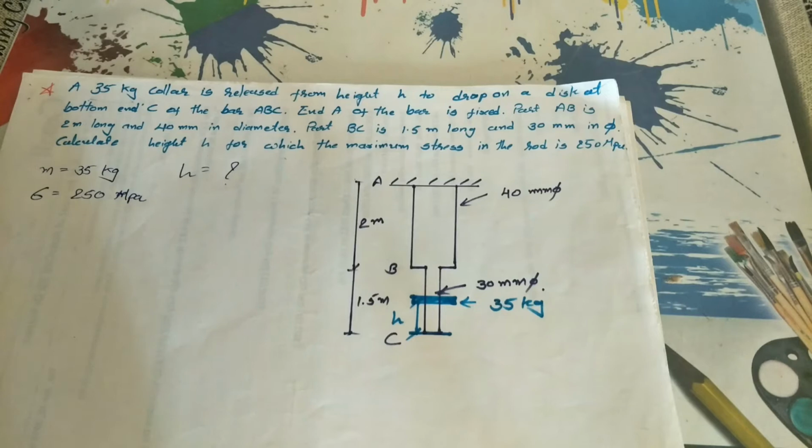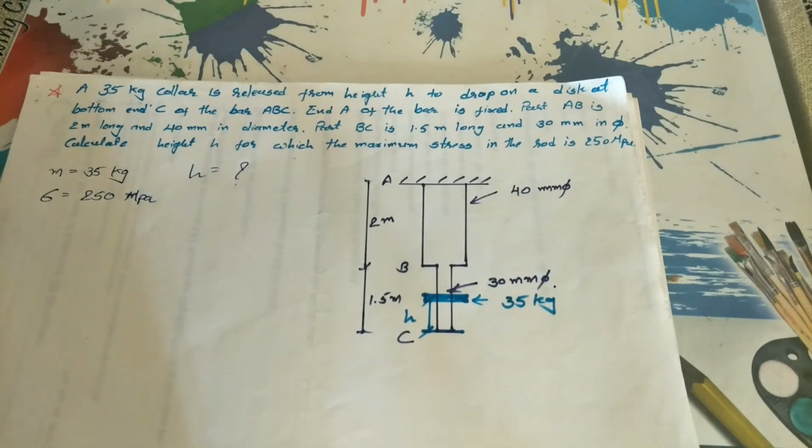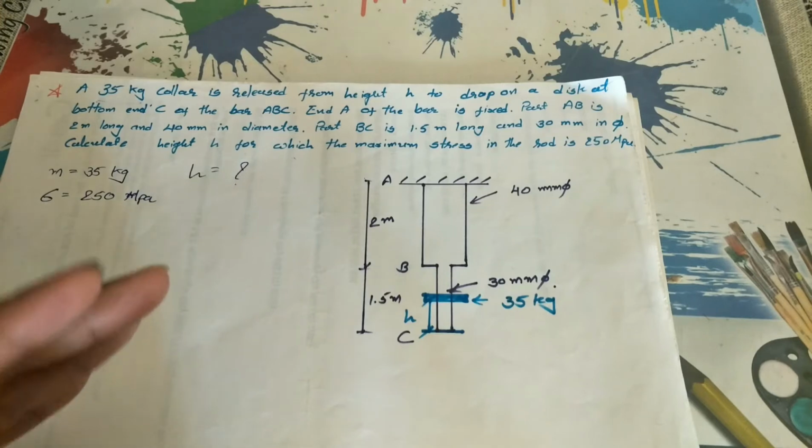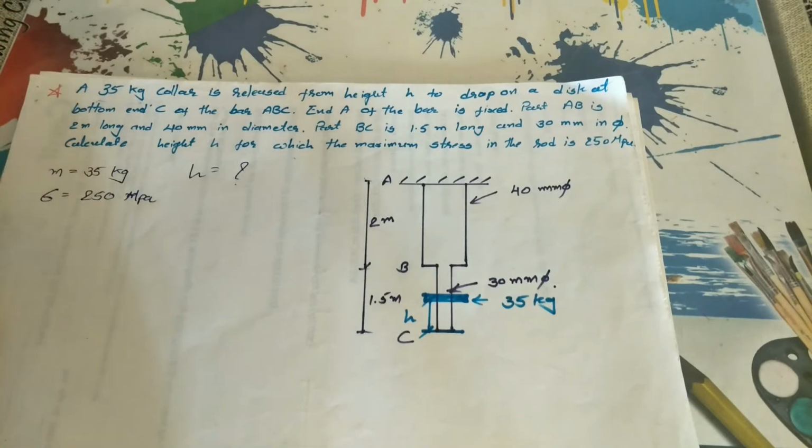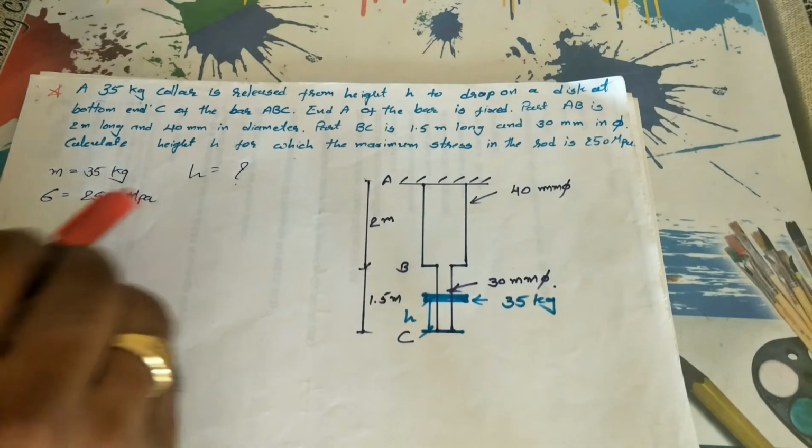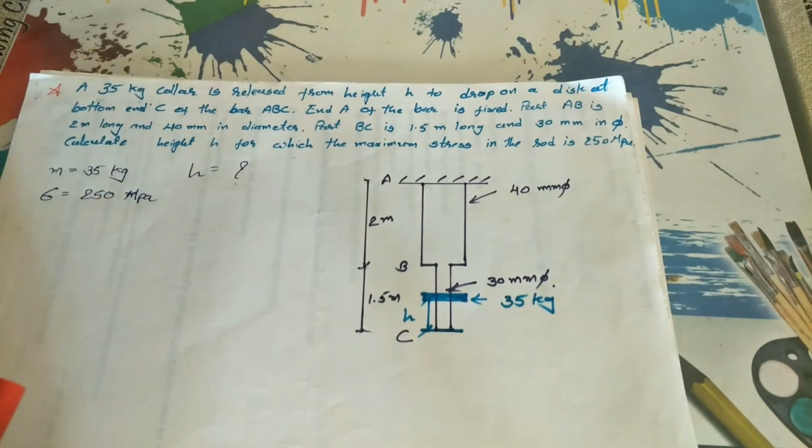Whatever work is done on a body is directly stored in the body, so the work done equals the work stored. We know the strain energy equations for impact loading. So in solving this question, we have to calculate height h.